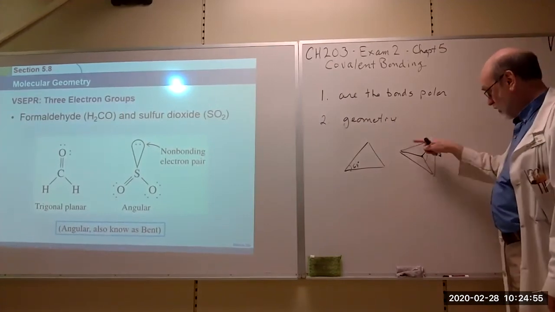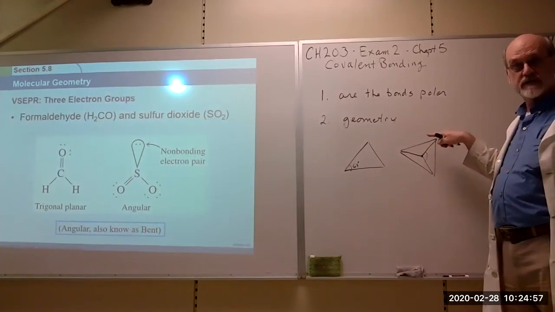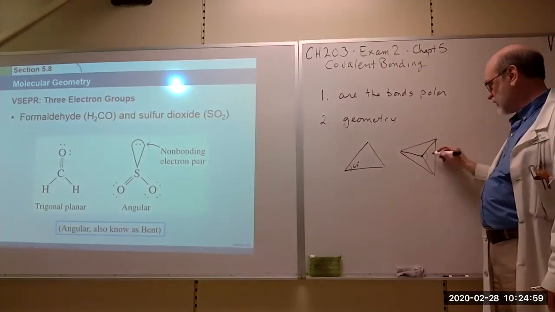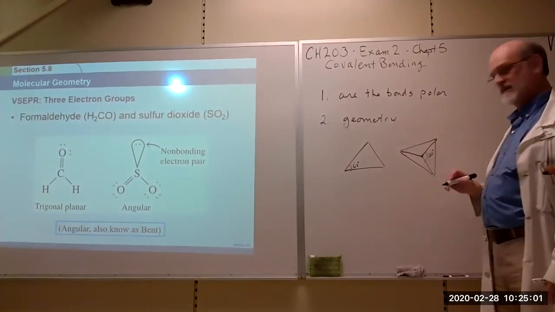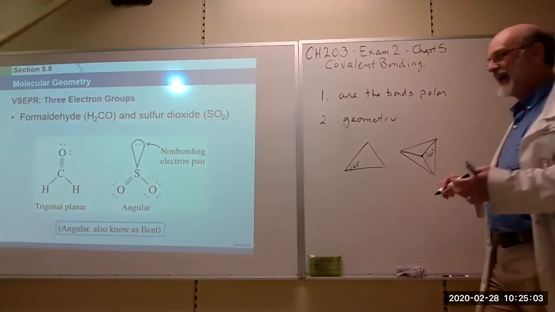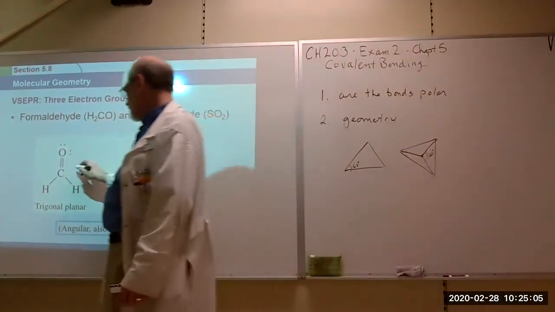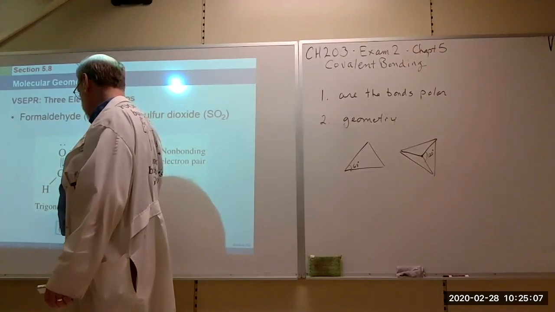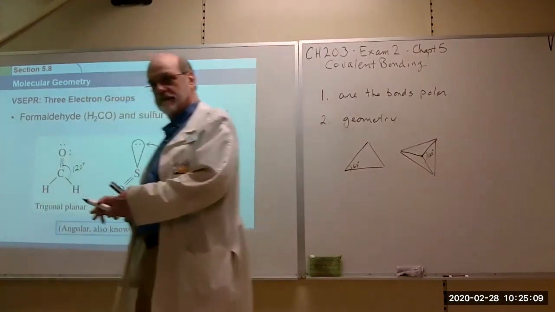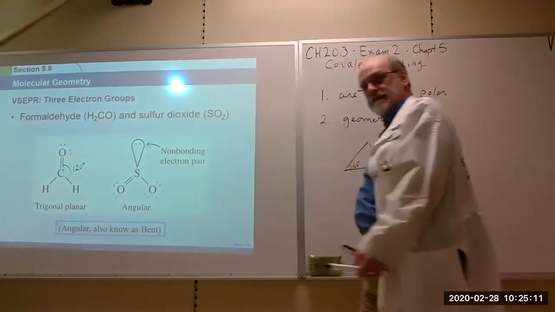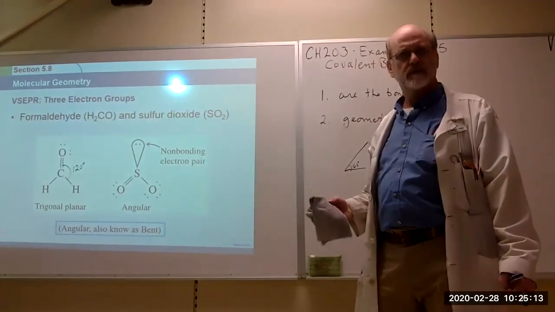If you go all the way around, it's got to be 360, doesn't it? So each one of these has to be 120. So the actual bond angle here is 120 degrees. Everybody had geometry?